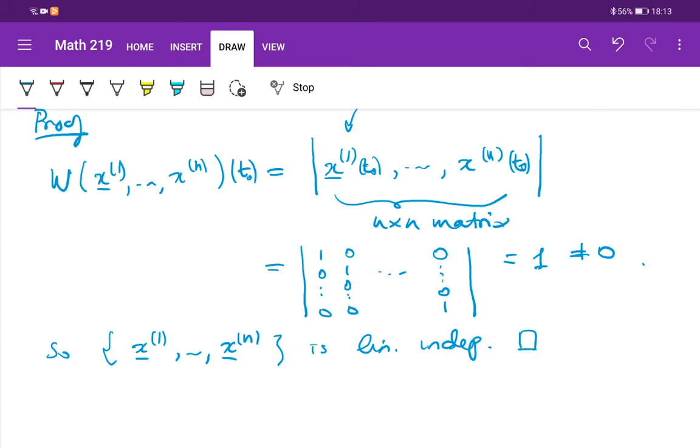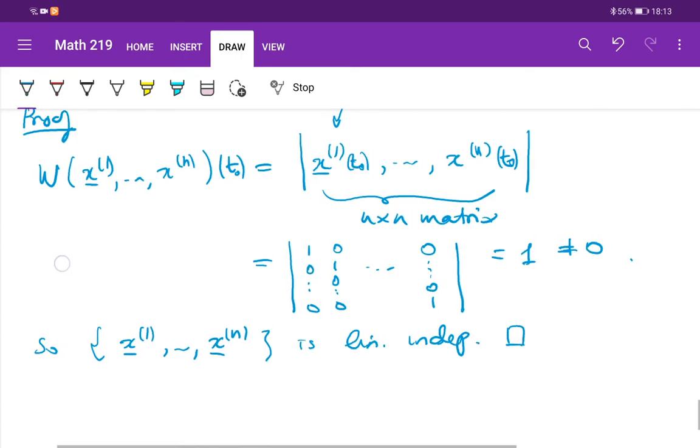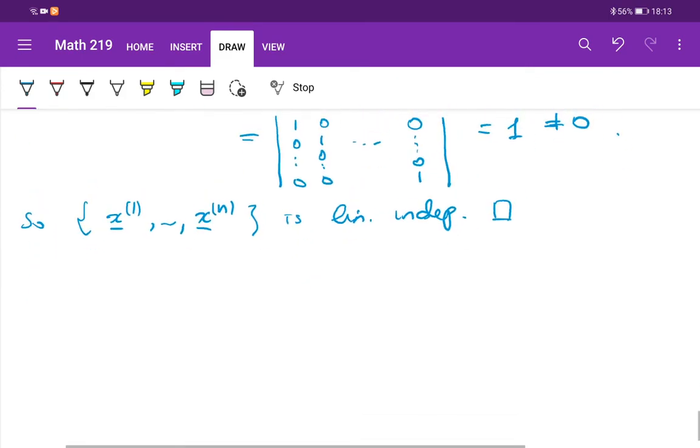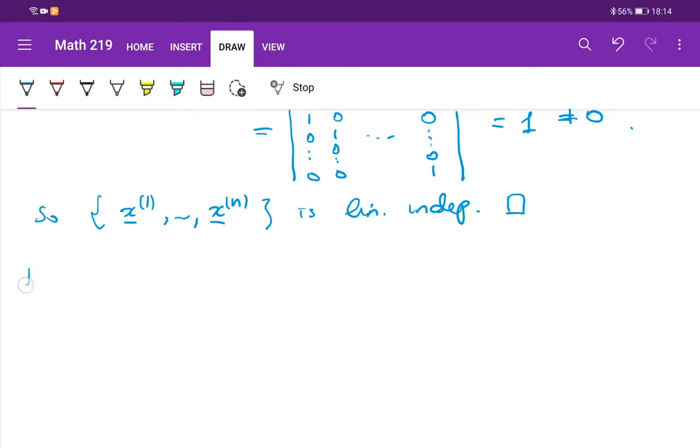Okay. Now we claim, now let's return to our original equation. So here's the following theorem.